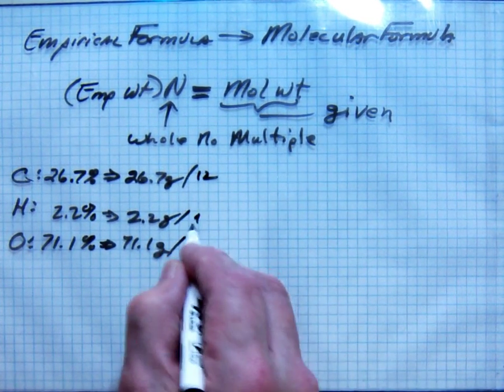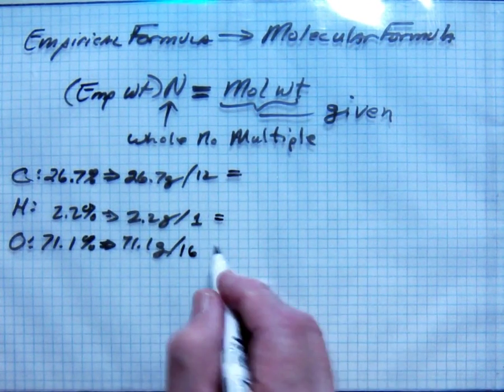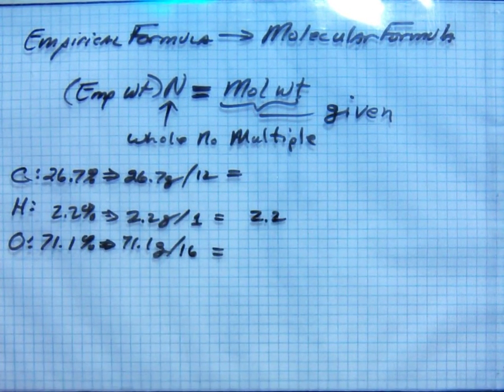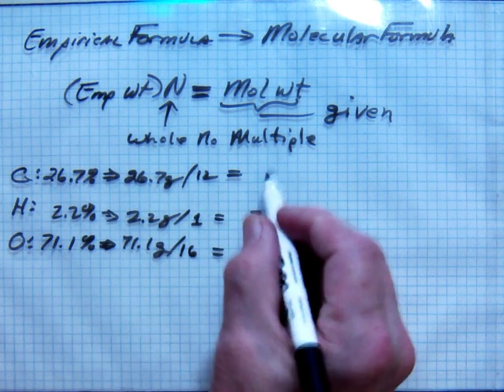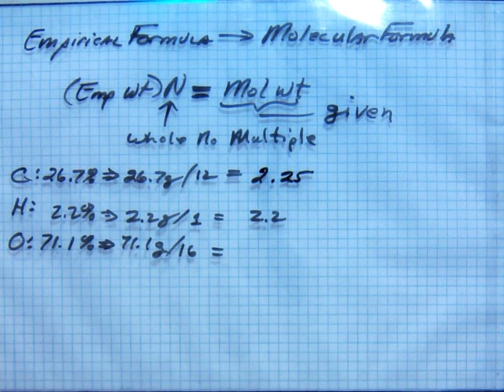12, 1, and 16. Well, of course, this one's going to be 2.2. And see what we have here. Aha! This one rounds out to 2.25. This is one I was telling you about.